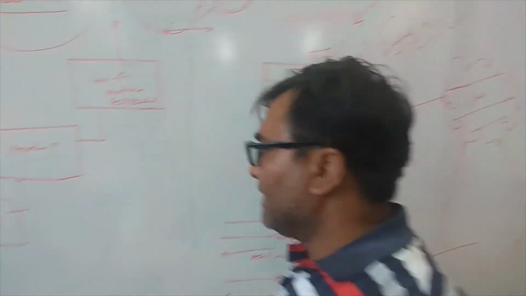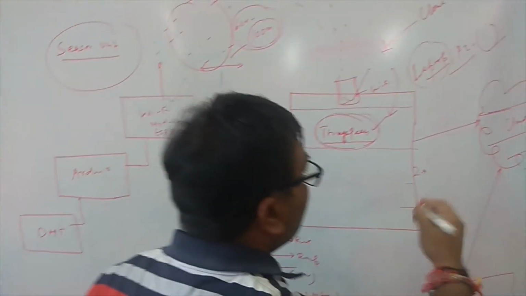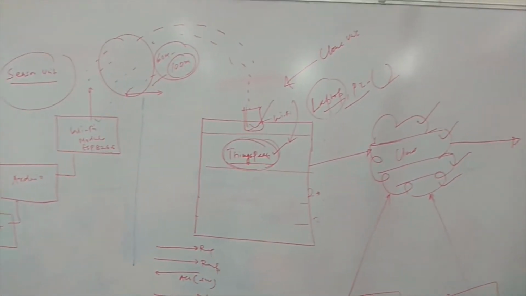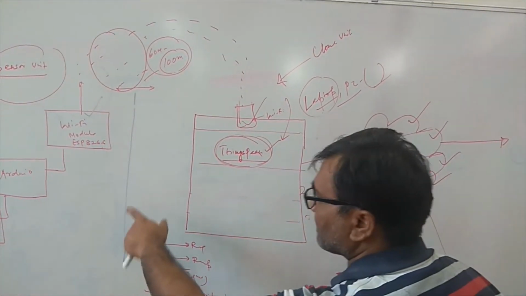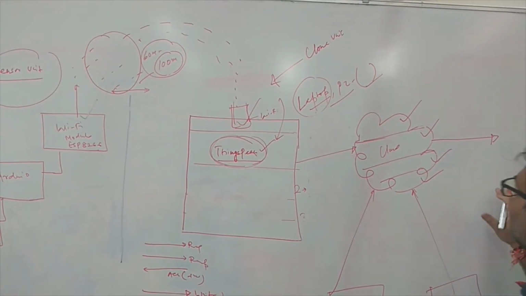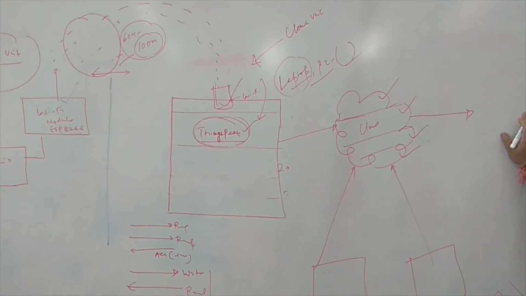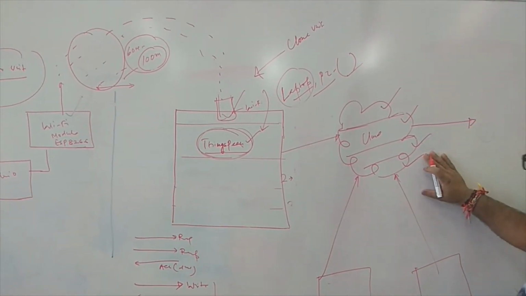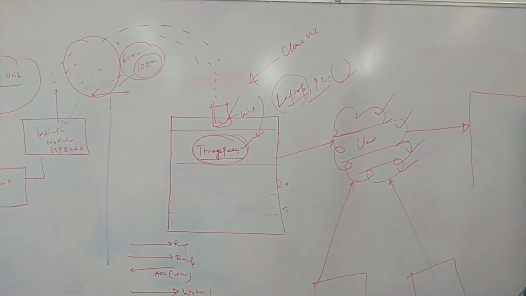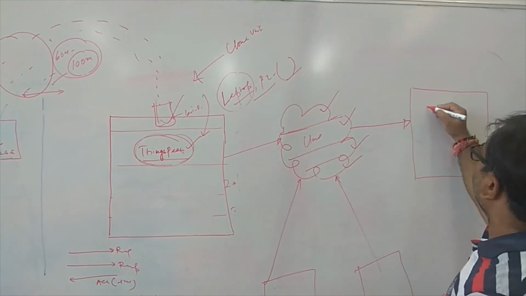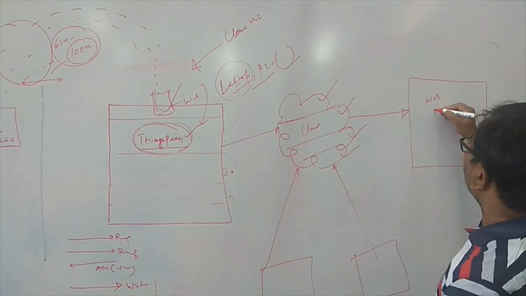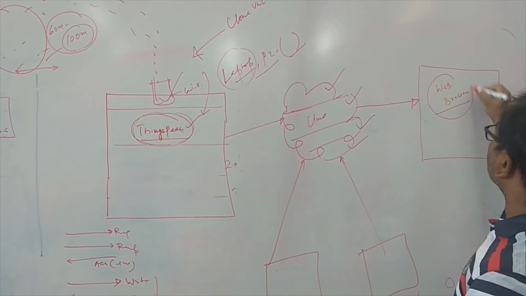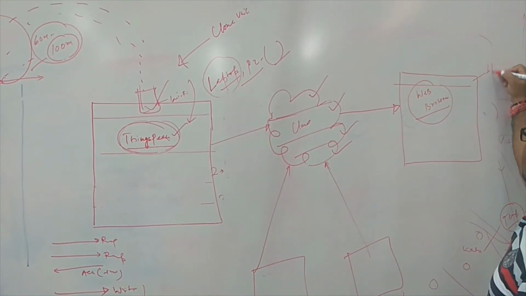Now let us assume that the user doesn't know anything about this practicality. They just visit the site and see the temperature. So what will they do? The cloud is basically interfaced with the web browser, and every web browser has a unique IP address.